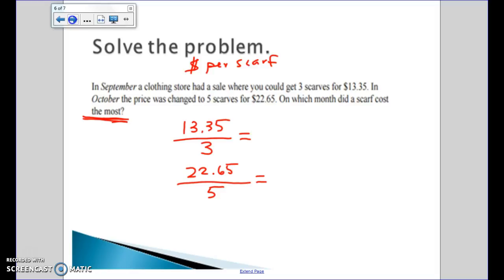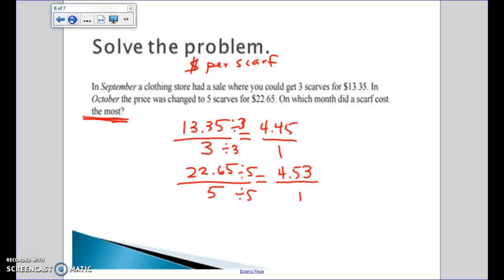Or I could think of it as, I want to change the 3 to a 1 to find the unit rate, so I'll divide that by 3, and I'll also divide $13.35 by 3. When I divide $13.35 by 3, I get $4.45. Similarly, I want to see how much one scarf costs in October. So I'm going to divide $22.65 by 5. And I see that that equals 4.53.